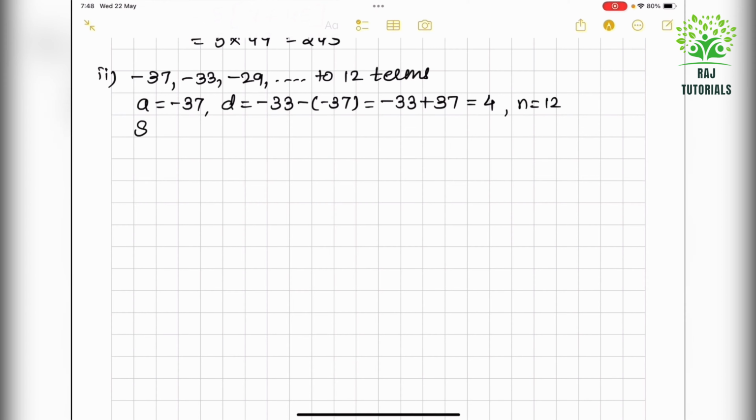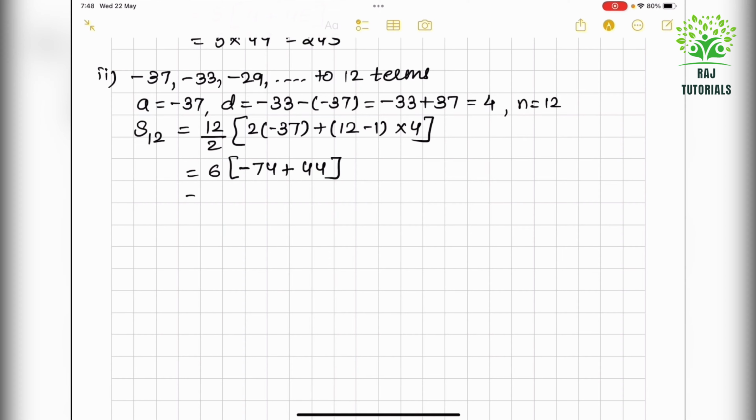So, S12 will be 12 by 2 into [2 into minus 37 plus (12 minus 1) into 4]. That will be 12 divided by 2 will be 6, [2 into 37 and minus], so minus 74 plus 11 fours are 44. So, 6 into minus 30. So that will be minus 180.